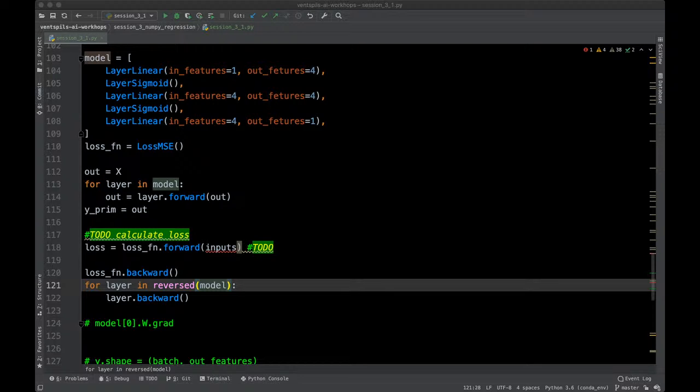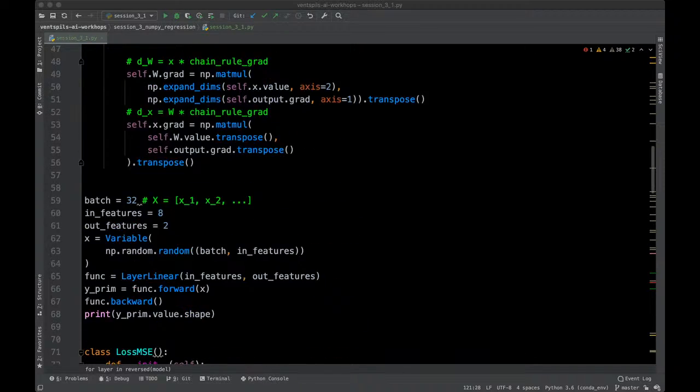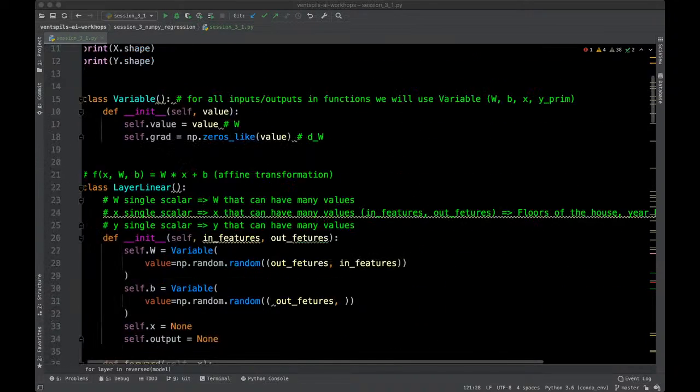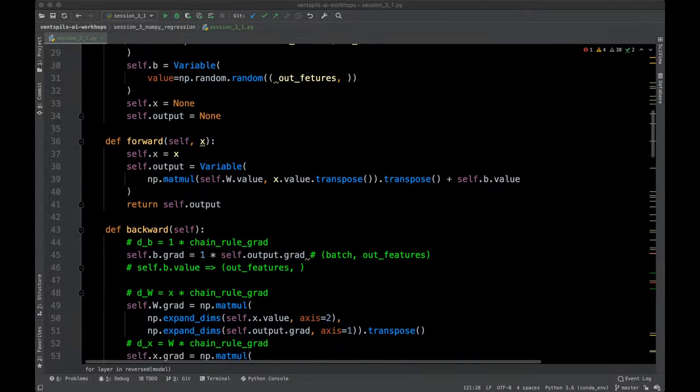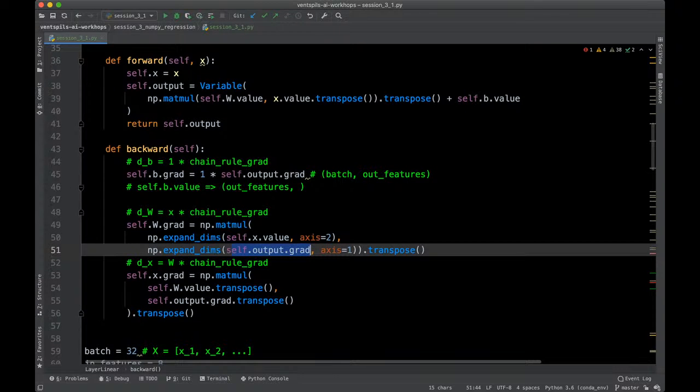The forward pass is just like calling functions one by one, the same way as we had in our notebook. The backward pass is also the same way as in the notebook, but calculating gradients with regards to every function and then multiplying them with the chain rule together. The multiplication part, just to clarify again, is here. If we go to the linear layer, you see there is an output grad multiplication.